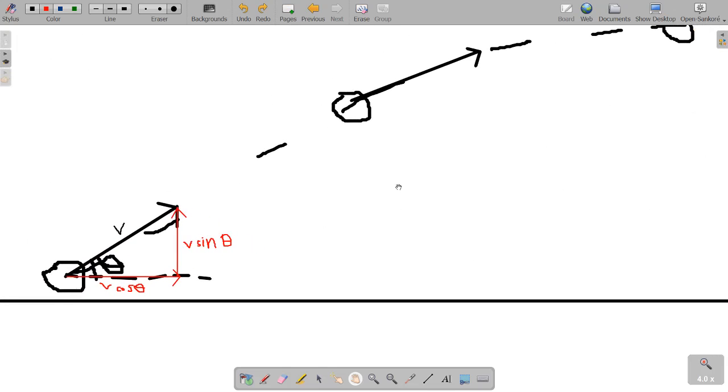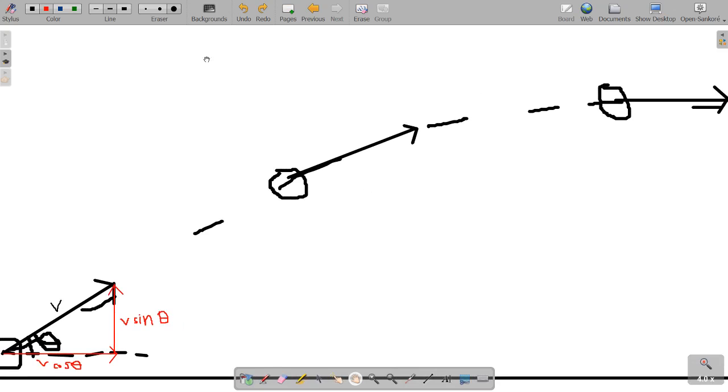Let me finish this first. This is actually still your V cosine theta from the start because it hasn't been changed by gravity.